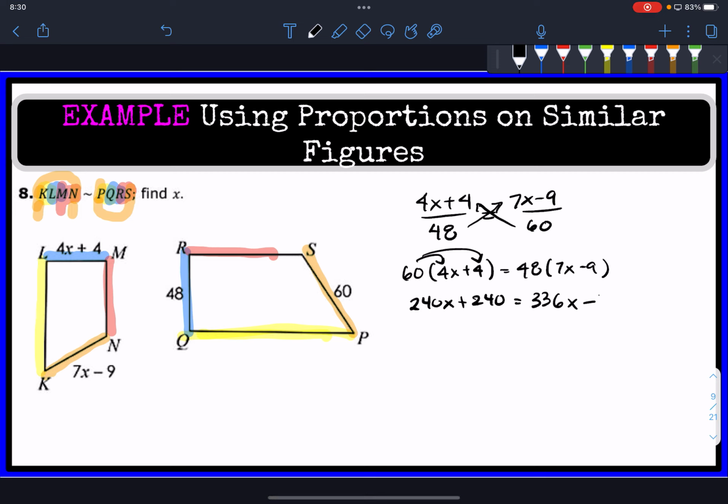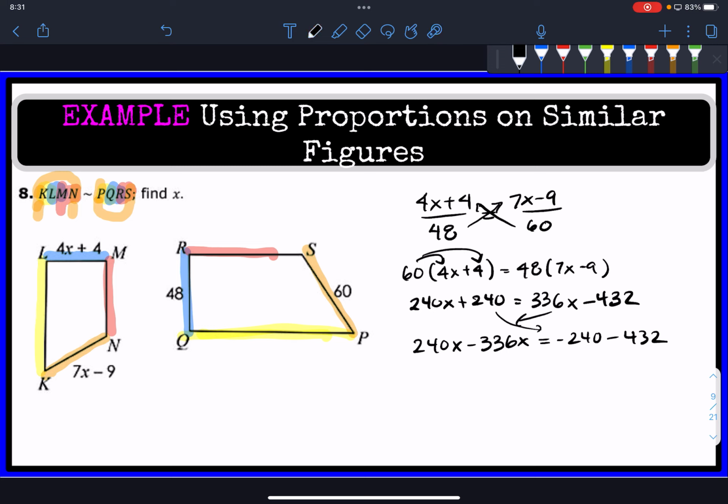So minus 432. Now by putting the letters to the left and my numbers to the right, I have 240x minus 336x equals negative 240 minus 432. And you see I probably should have divided and simplified these numbers and reduced those numbers, but we're too into it now to do anything about that.